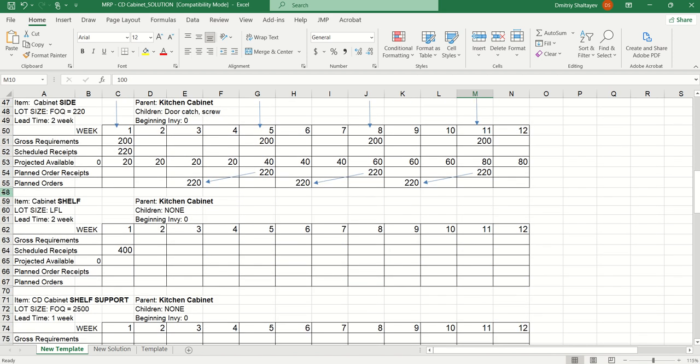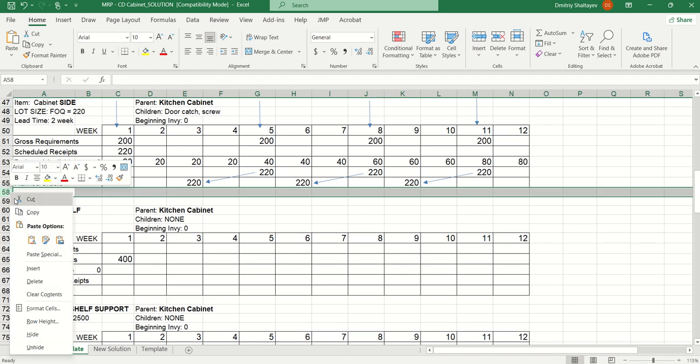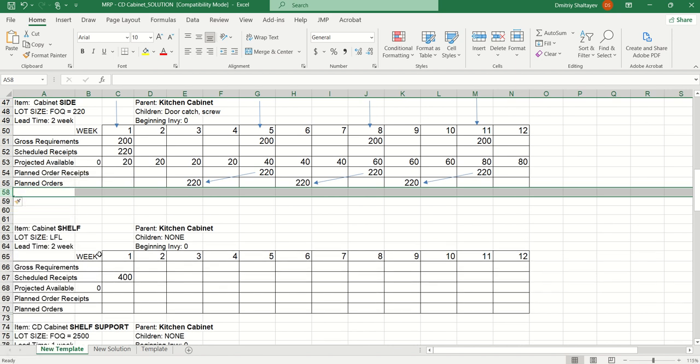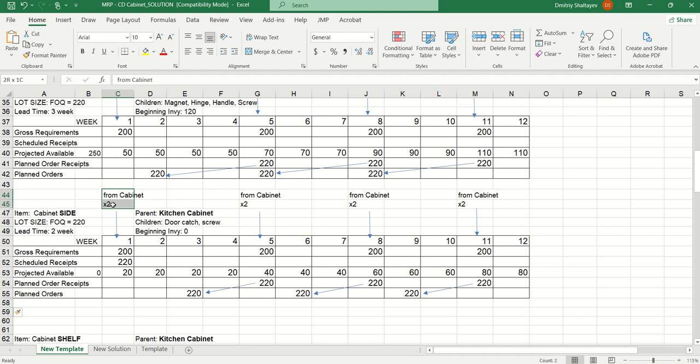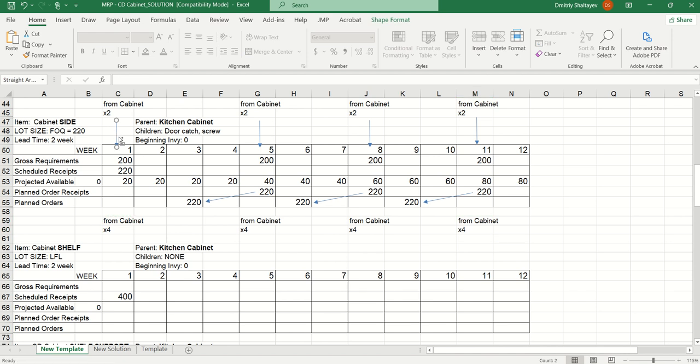And I probably need to insert a couple of lines. So insert, now let's do one more, insert. So I'm gonna say from the cabinet times 4, right? This time it's times 4. So weeks 1, 5, 8, and 11. All right.